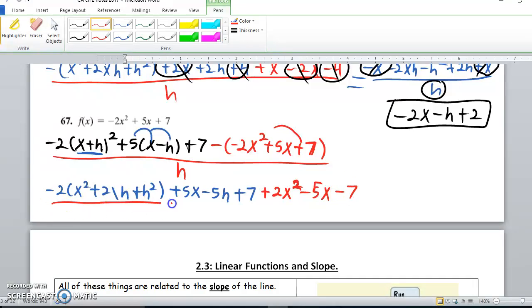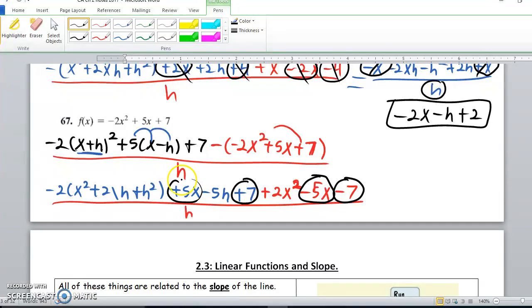And this will be all divided by h. And once again, we're going to start seeing some things that we can start canceling out now. We've got the plus 5x minus 5x, the plus 7 minus 7. So go ahead and cancel those out.